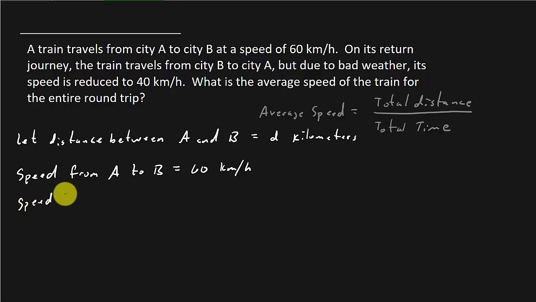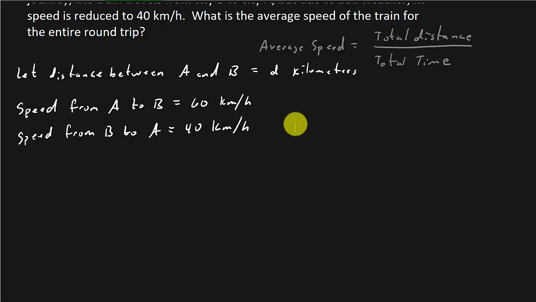And the speed from B to A is equal to 40 kilometers per hour. So we're wanting to find the average speed for the entire round trip. So remember, we need total distance, total time.